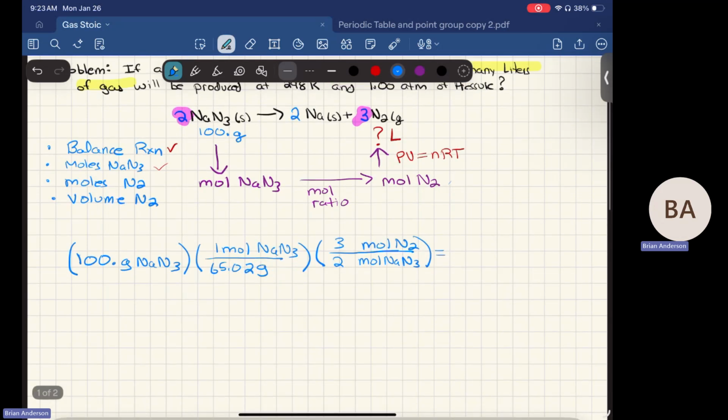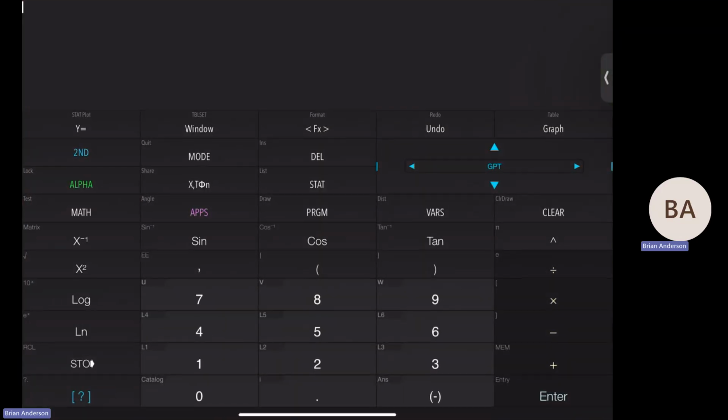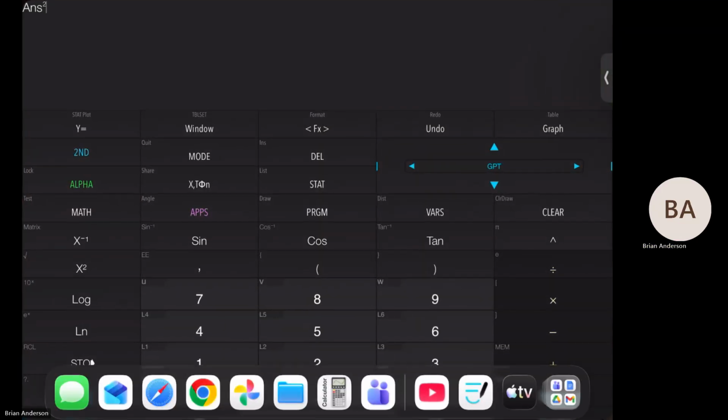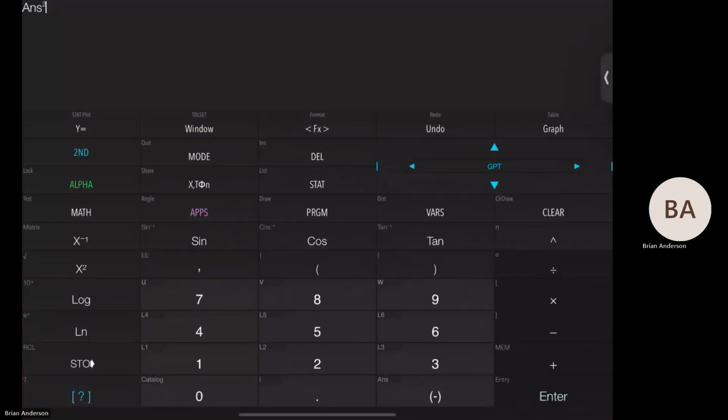If we do that on the calculator, it's helpful. We can show that step. I'll bring my calculator into play. Okay, we'll just do it this way. So we have cleared that. 100 grams divided by 65.02 times 3 divided by 2.